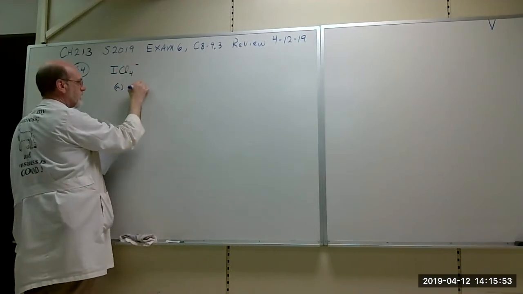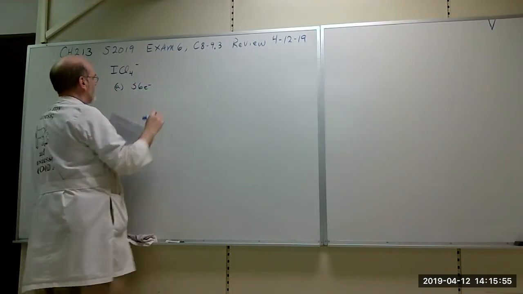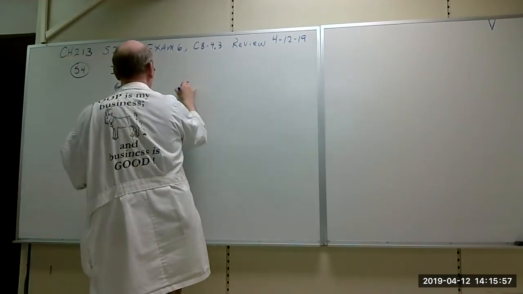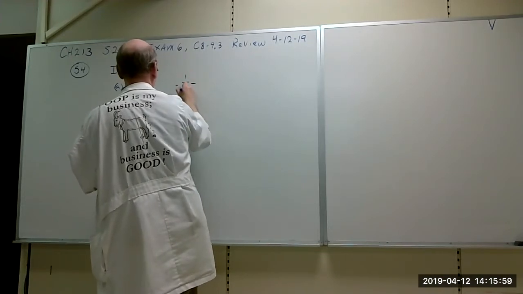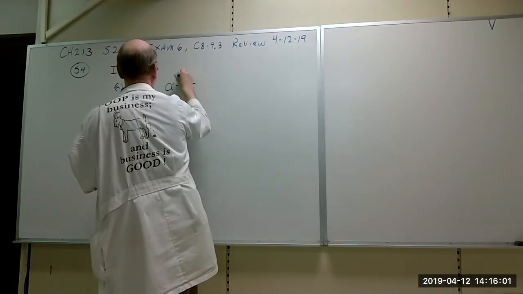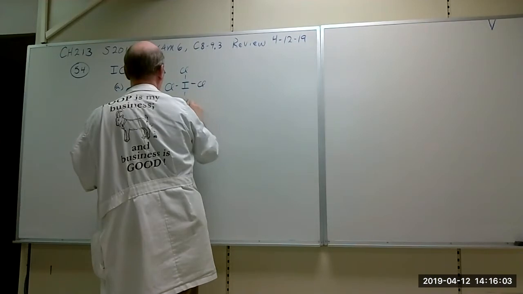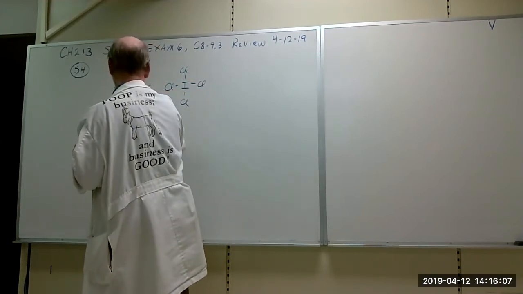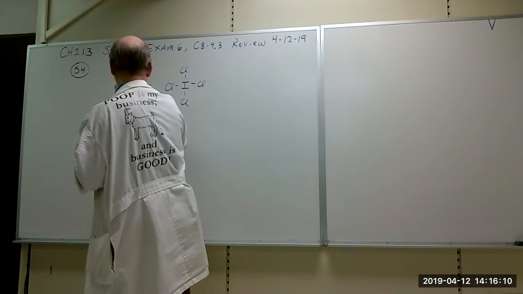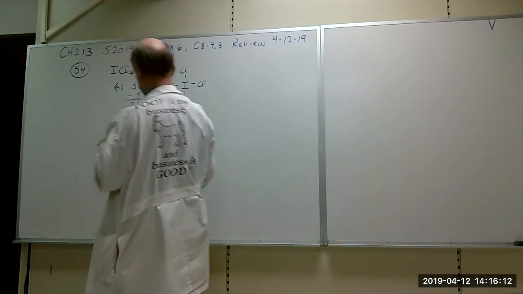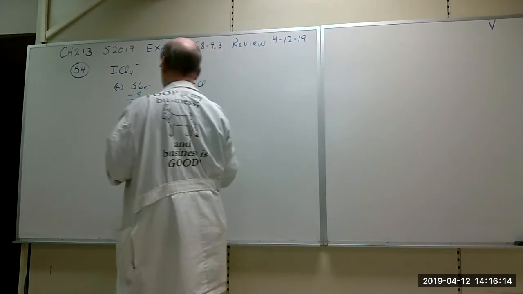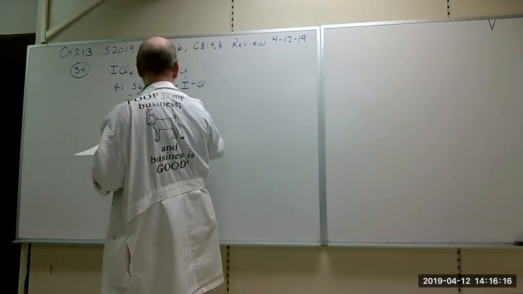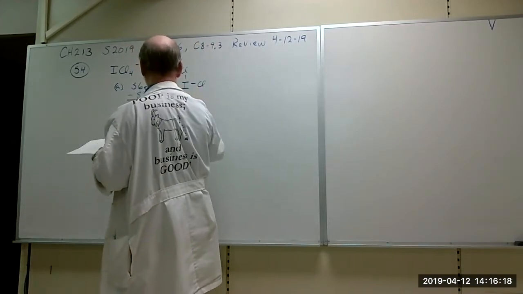So we have 36 electrons. Iodine's in the middle. We have chlorine, chlorine, chlorine, chlorine. 2, 4, 6, 8. 28? Yeah. So 2, 6. 6 times 4 is 24.